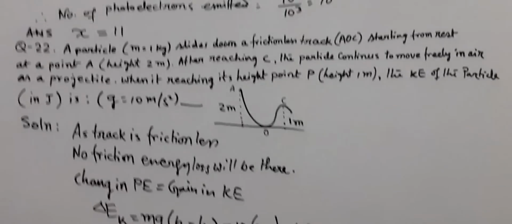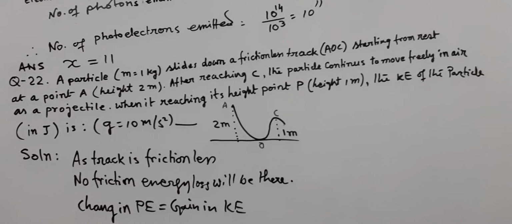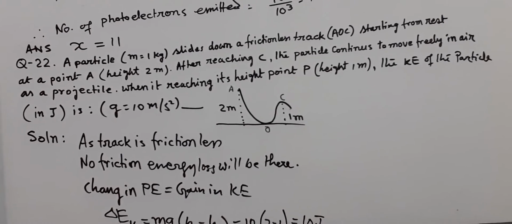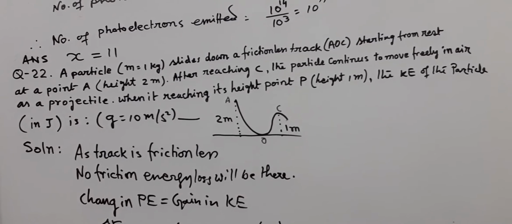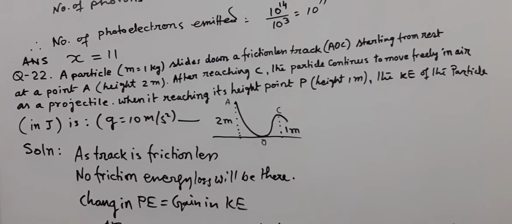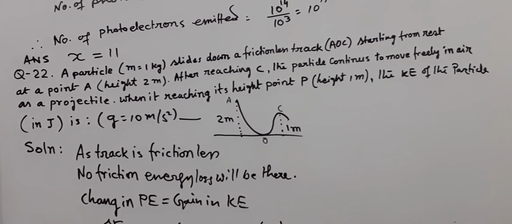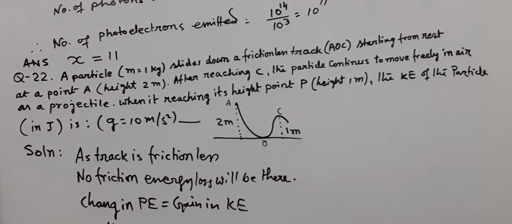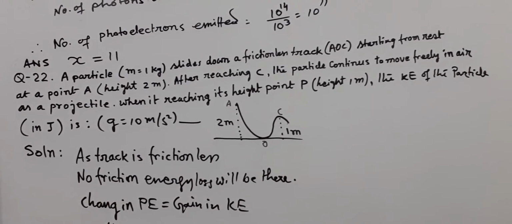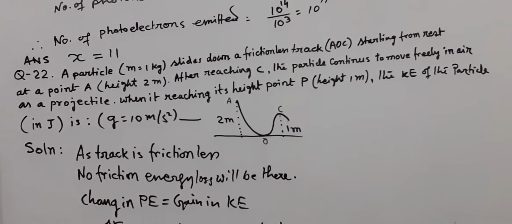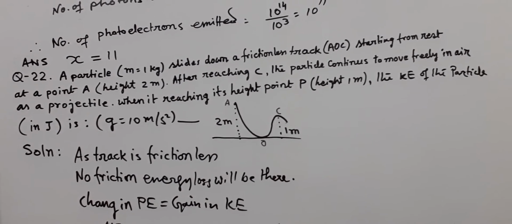Next question, question number 22. A particle of mass m equal to 1 kg slides down a frictionless track AOC, starting from rest at a point A where the height is 2 meter.